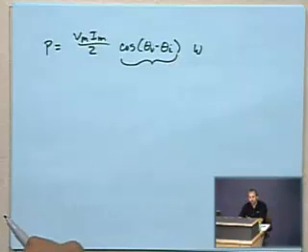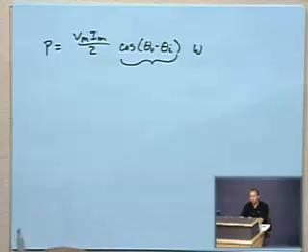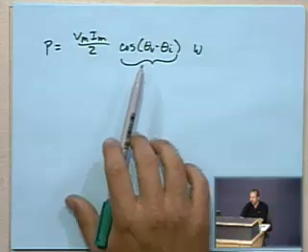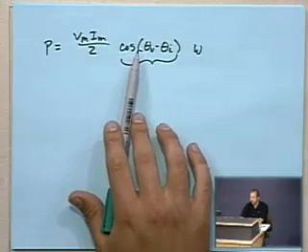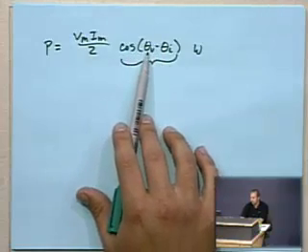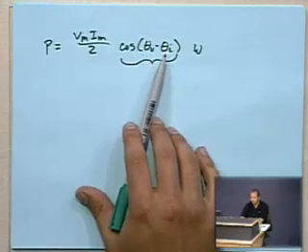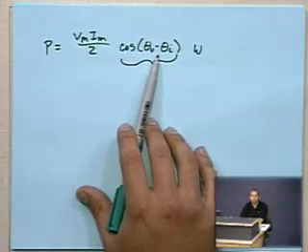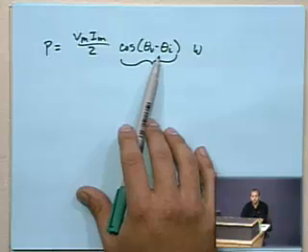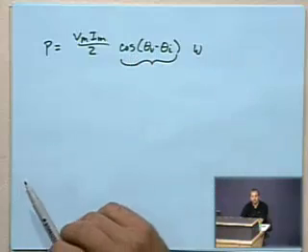What do we remember about the phase angles of the voltage and the current when it's totally a resistive circuit? Well, they're the same. And so theta V and theta I are going to be the same. That difference is going to be 0. And what is the cosine of 0? Well, it's 1. And so essentially that term disappears.